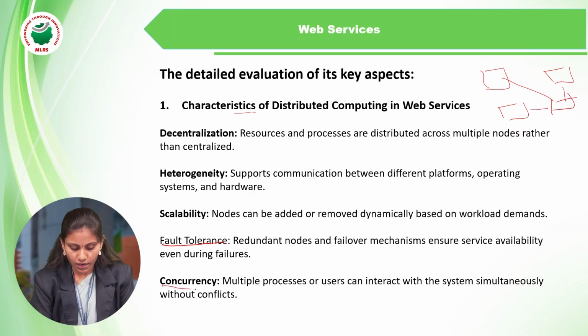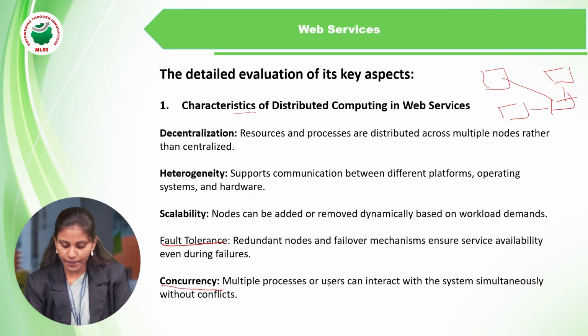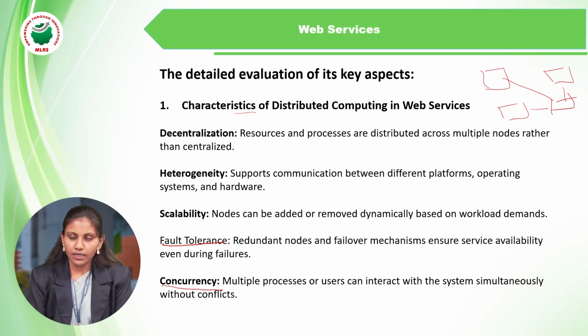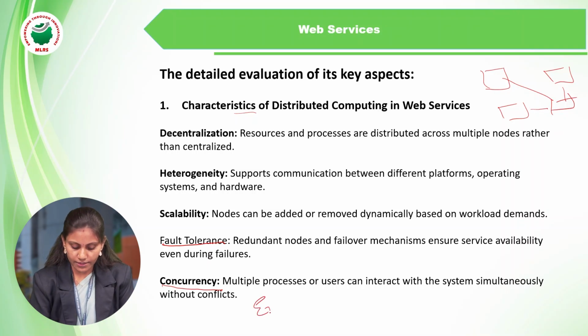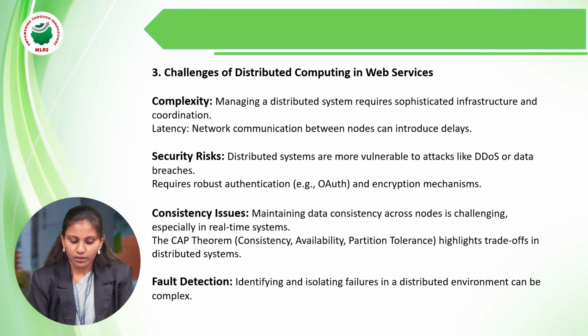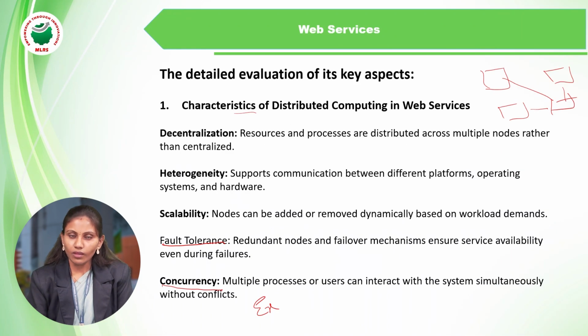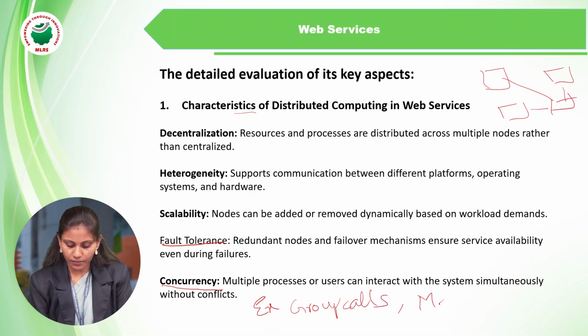Next, concurrency. Multiple processors or users can interact with the system simultaneously without conflict. For example, group calls or Zoom meetings, online meetings.